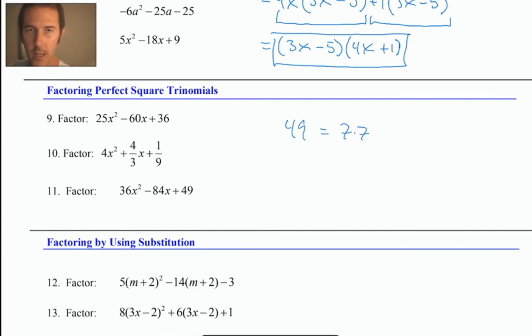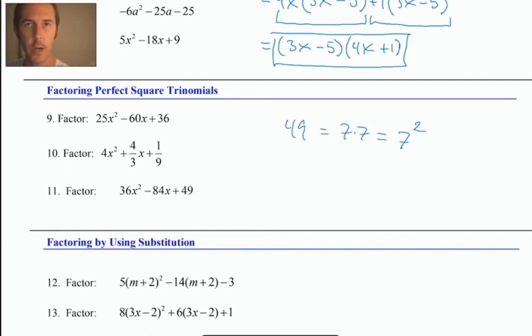Perfect. I'm going to reframe the answer. See if you agree with this. 49 is a perfect square because it's the result of squaring something. In this case, it's the result of squaring the number 7.